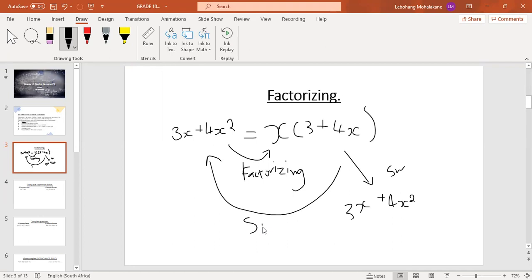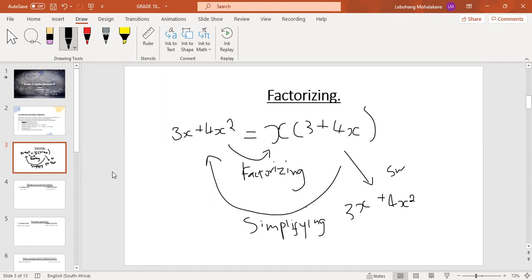So this is simplifying. Factorizing is basically the reverse of simplifying. So instead of simplifying, if you're working in reverse, you're factorizing.